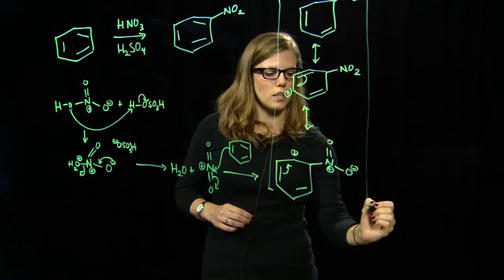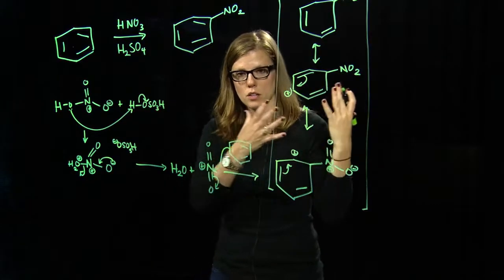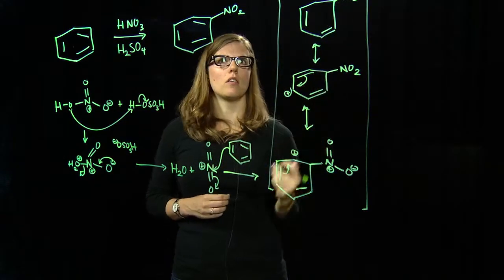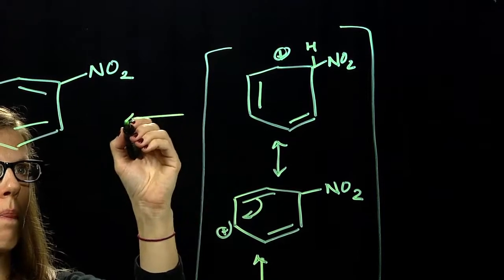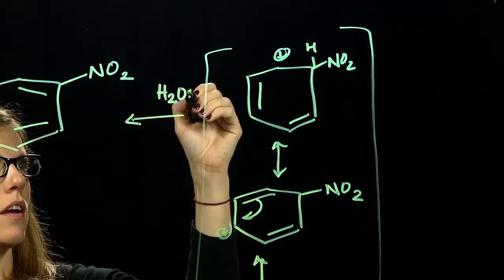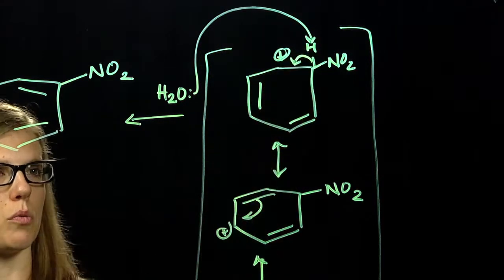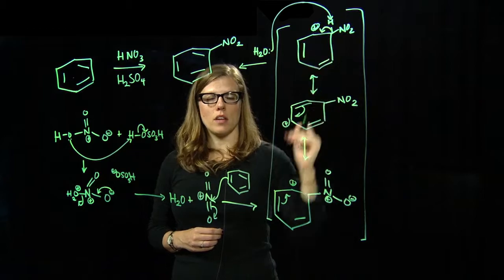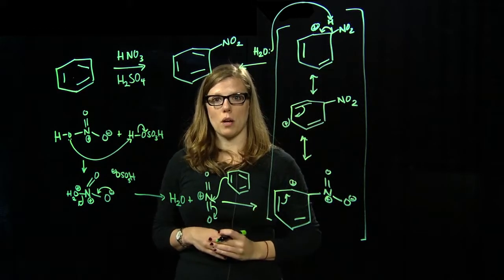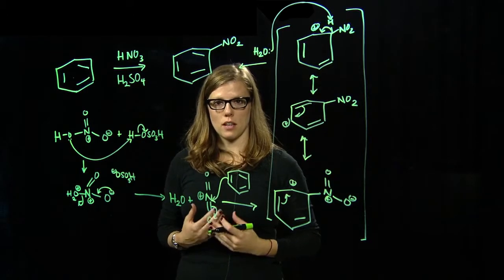What we notice is we cannot keep going because there is a proton, an sp3 hybridized carbon atom next to the final carbocation that we make. But we can have water come in, pluck off the proton to re-aromatize the ring and to make all of the carbon atoms in the ring sp2 hybridized. And that's how we nitrate benzene using nitric acid and sulfuric acid.